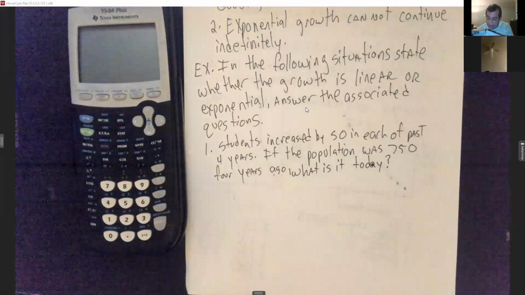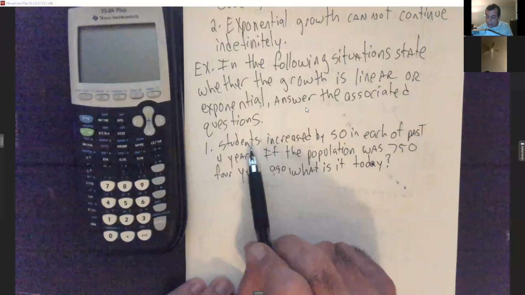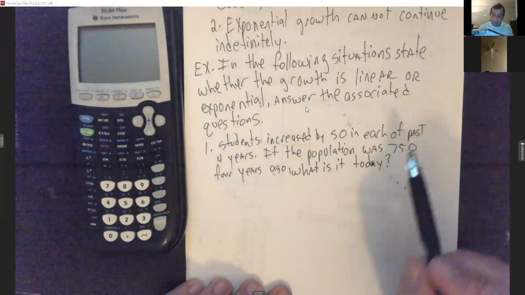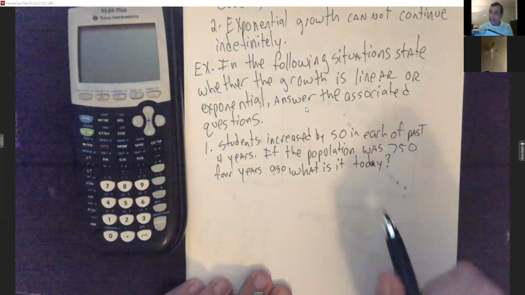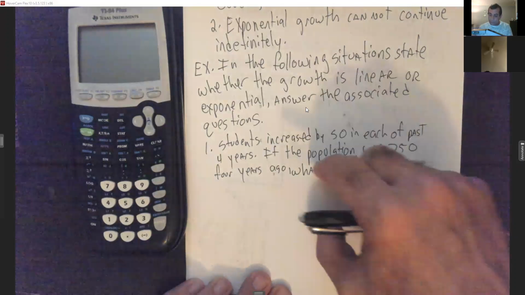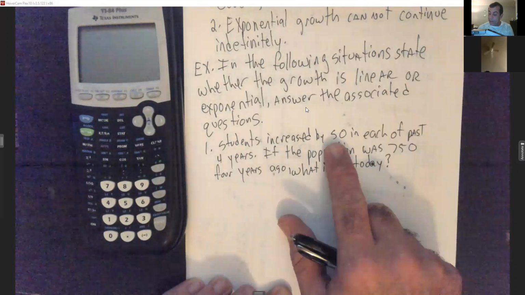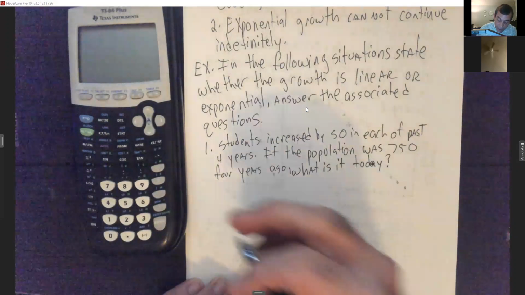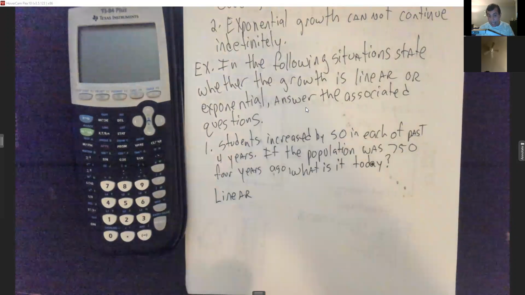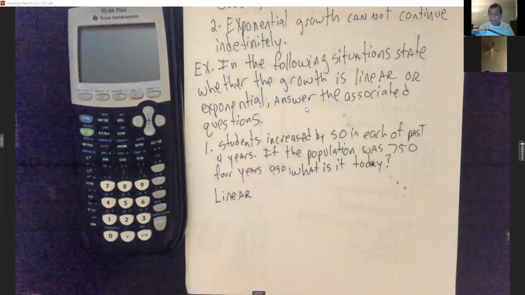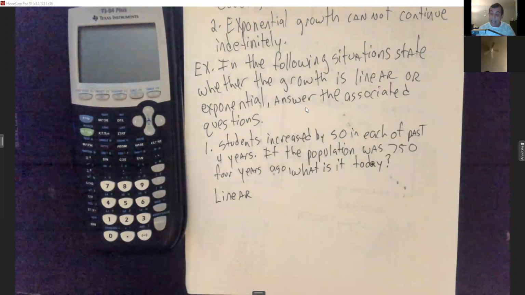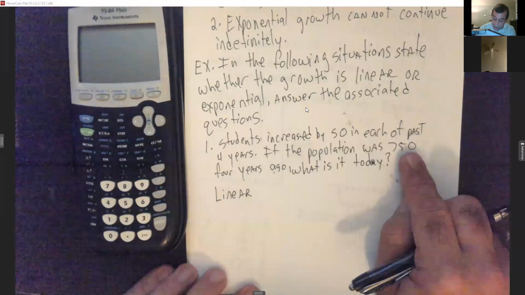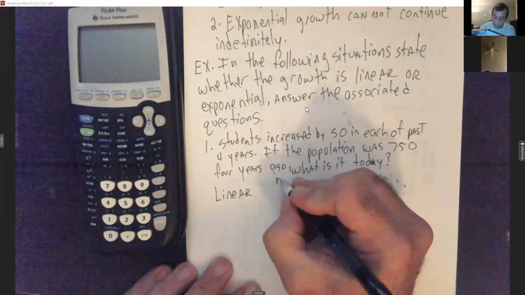So notice what it's saying. The students increased by 50 students in each of the past 4 years. So it's only going up 50 every year. So if it's only going up 50 every year, that means this is definitely going to be linear because it's changing the same amount. Now, since we know it's linear, we need to see how many students we have today. So wouldn't we start with our 750 students?